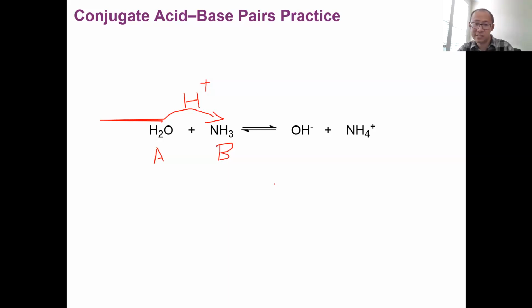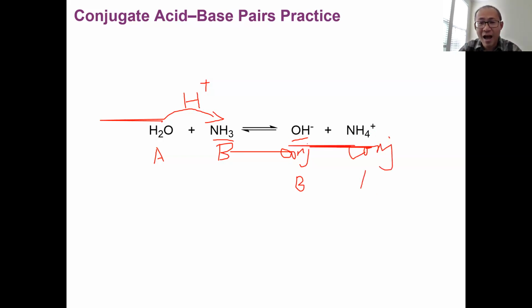I use A and B to stand for acid and base. But after water donates a proton, water becomes OH minus. We call this the conjugate base of the acid. And after the base accepts a proton, the base becomes the conjugate acid of the base.